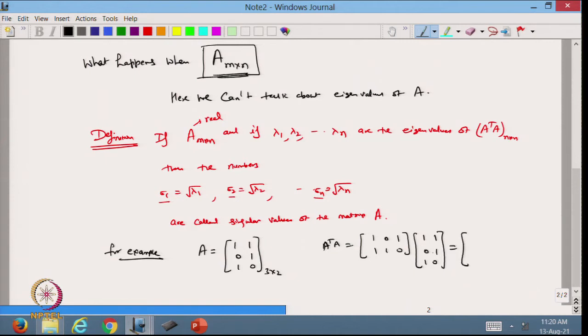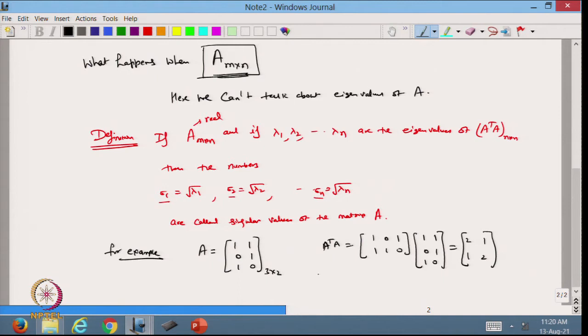If I multiply, I get 2, 1, 1, 2. I know that this is always a symmetric matrix and its rank will be the same as the rank of matrix A.